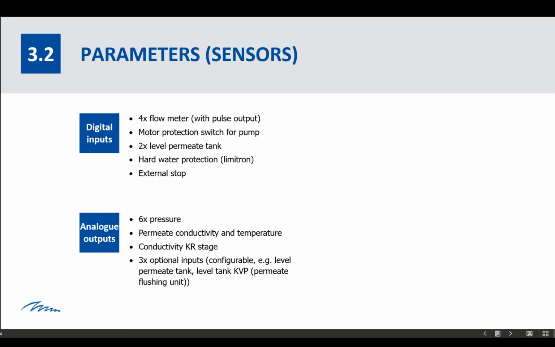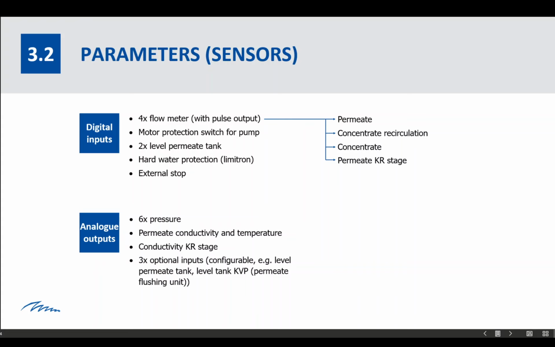And we have 2 levels for the permeate tank, hot water protection for the limit run, and external stop if needed. Then we have analog outputs, 6 times pressure, permeate conductivity and temperature, conductivity of the concentrate stage. 3 optional inputs can be configured as level of the permeate tank, level tank KVP for the permeate flushing unit.